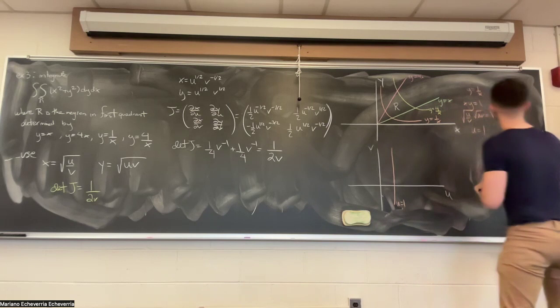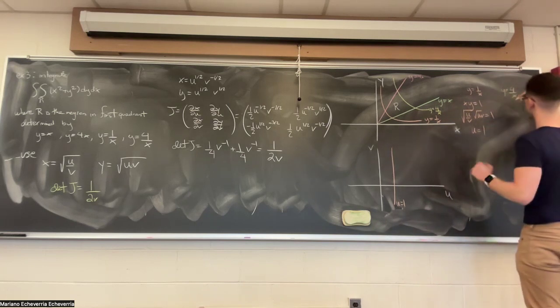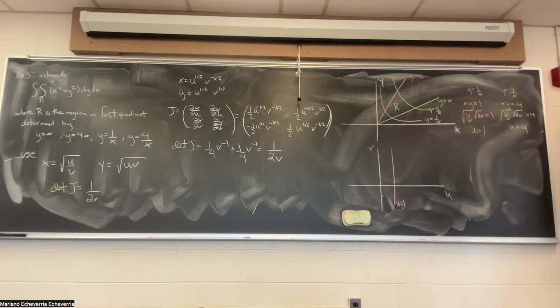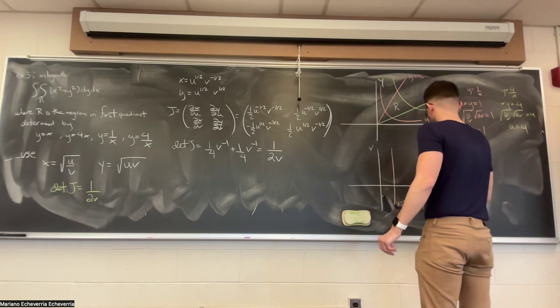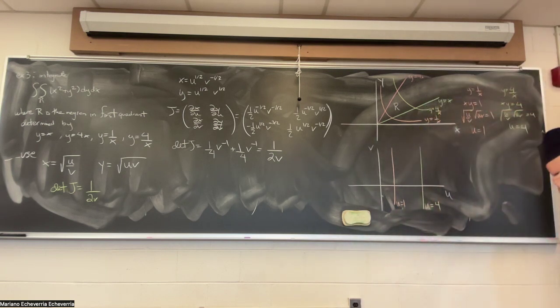For the other hyperbola, which is y equals 4/x, it's the same but with a 4. So you get xy equals 4, and you do the same, so root of uv equals 4, so you get u equals 4. So this other hyperbola becomes u equals 4. So it looks like this, right?